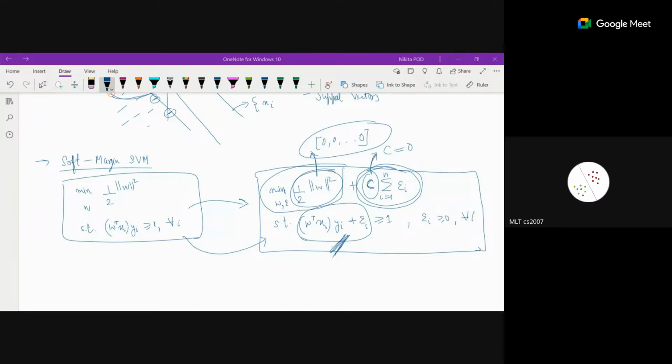If they're not, that will get added here. Which data point pays how much will come under this C. So C is your hyperparameter here. That is why the second term in this objective is important.